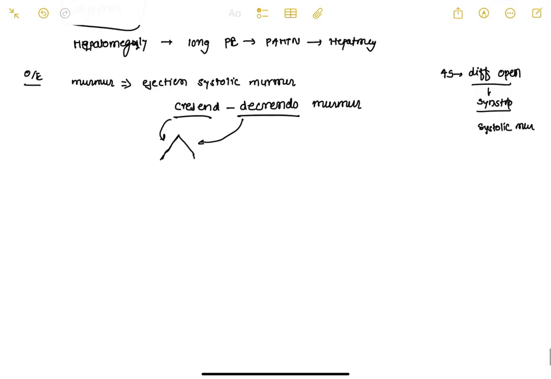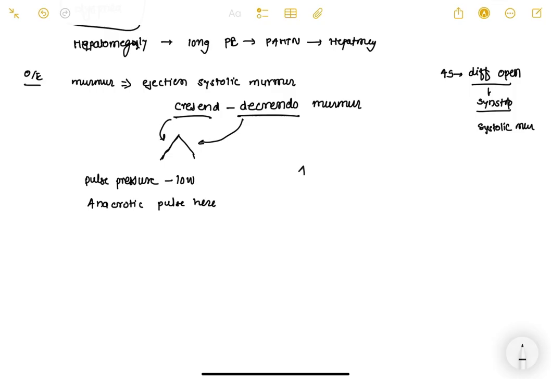What about pulse pressure? Pulse pressure is low. We get an anacrotic pulse here. I will tell you the different types of pulse in the next upcoming sessions.